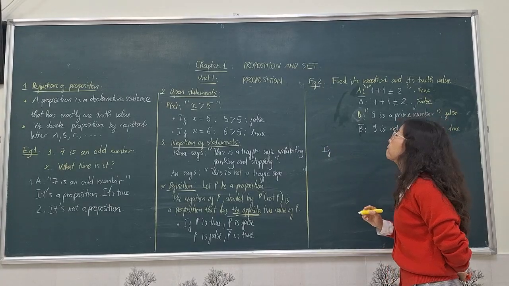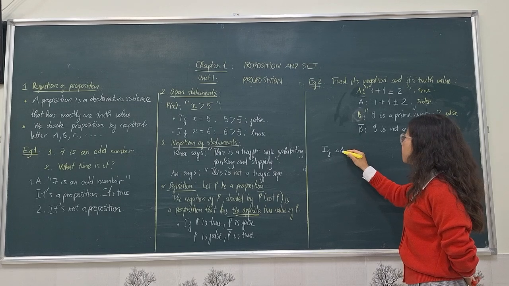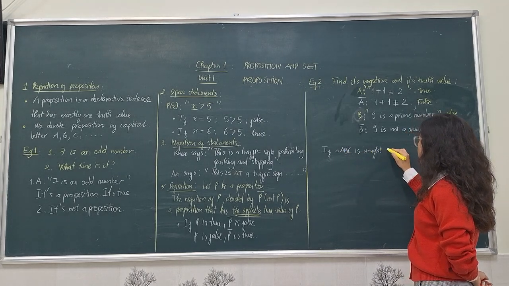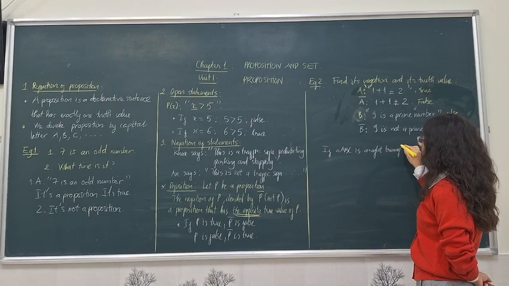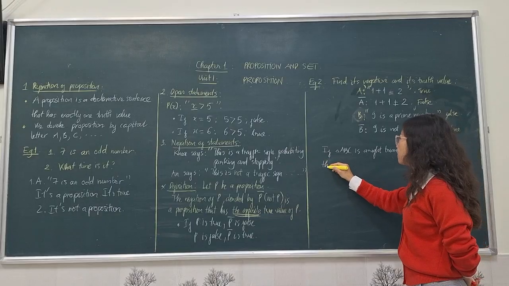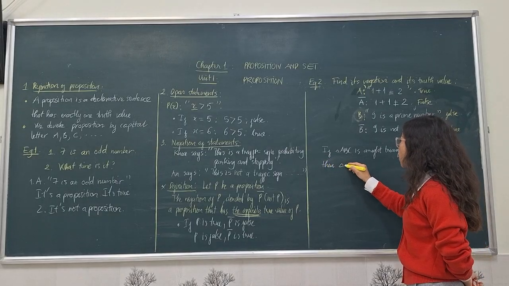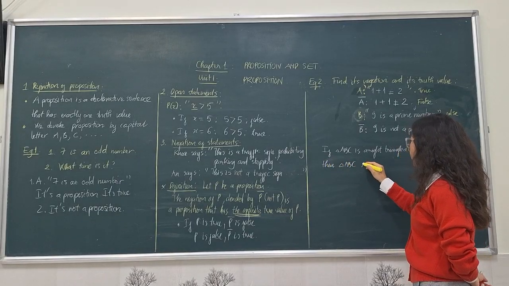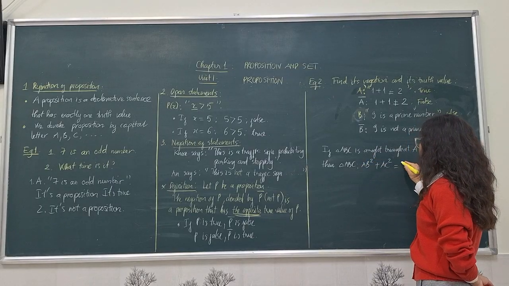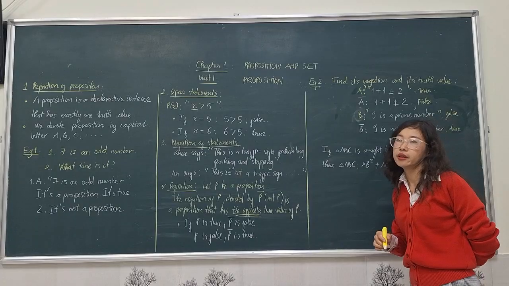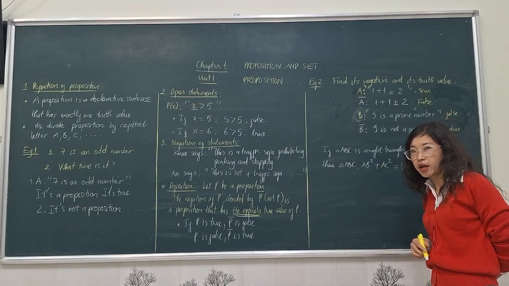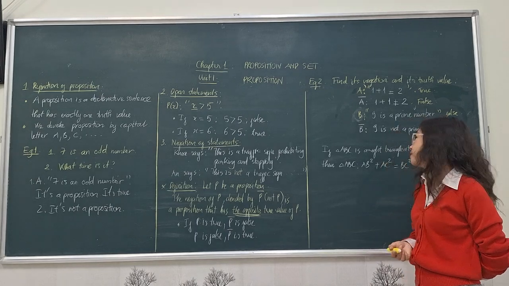If triangle ABC is a right triangle at A, then the triangle ABC has AB squared plus AC squared equals BC squared. Remember which theorem? Yes, that's right, it's the Pythagorean theorem.